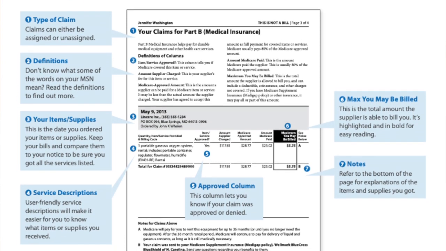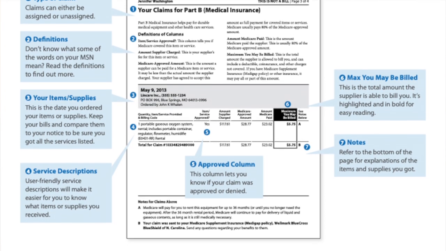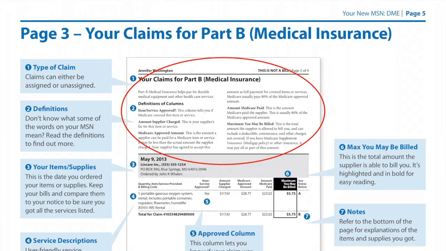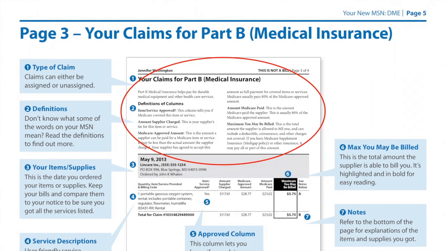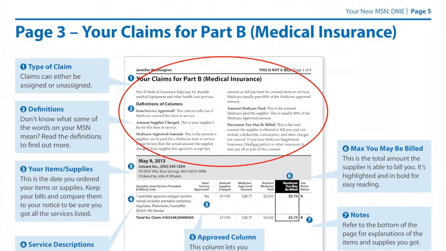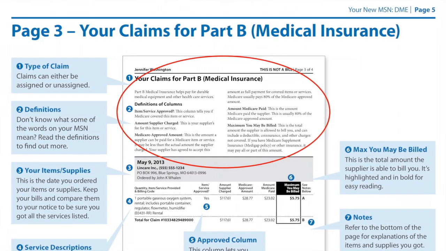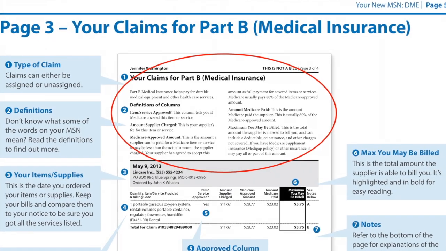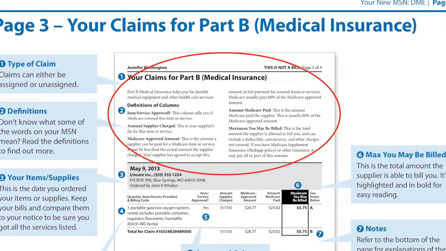As we get to page 3, the heart of the claim, we're starting to see some subtle differences. First, as we look at the top, you have assigned and unassigned notices. An assigned claim means a supplier has agreed to accept Medicare's charges in full and may not bill you the difference.